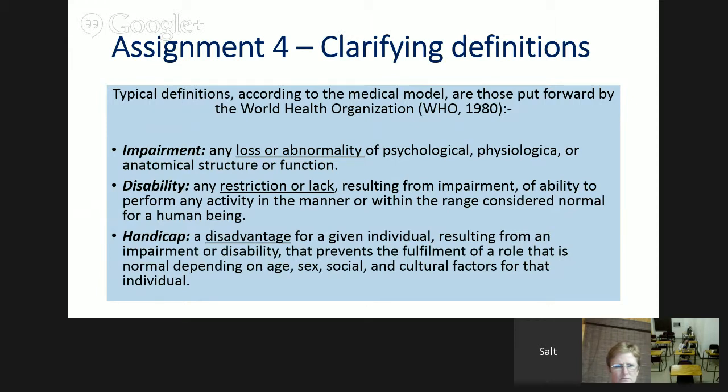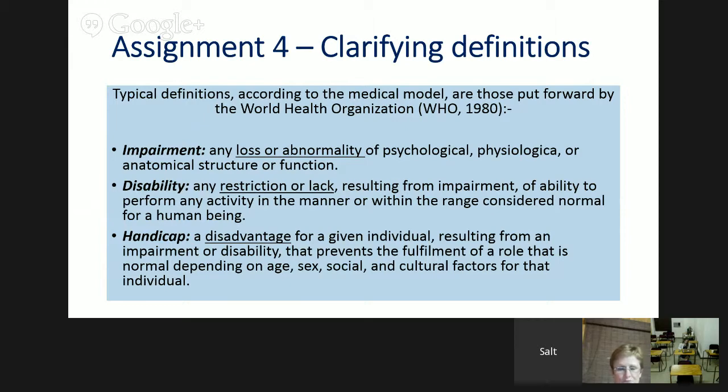Disability is the restriction that occurs due to that specific impairment. So what would the child's restriction be in terms of tunnel vision? Or what would the restriction be in terms of how he would write if he has a lack of mobility or no use of hands as effectively as the so-called normal child would have. And then handicap refers to the disadvantage that that child would have in terms of the impairment or the disabilities that would prevent the child from performing effectively.